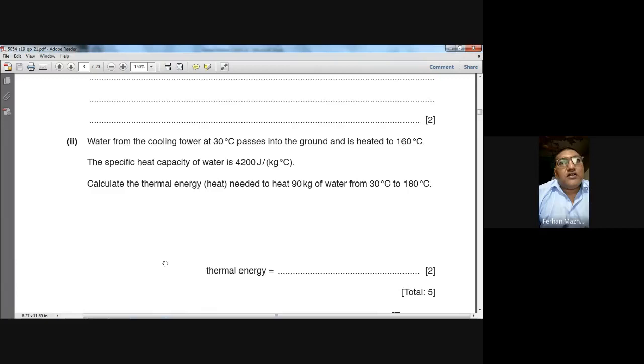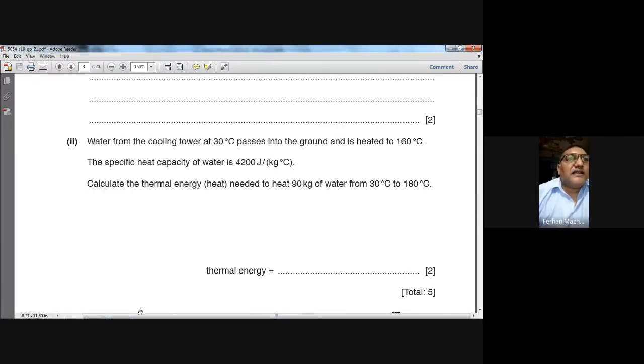And the mass of the water is also given. He wants us to calculate how much energy will be needed. When the change in temperature takes place, we can calculate the amount of heat needed by the formula heat equals mc delta theta, where m stands for the mass of the water, c stands for the specific heat capacity of the water, and delta theta means the change in the temperature.